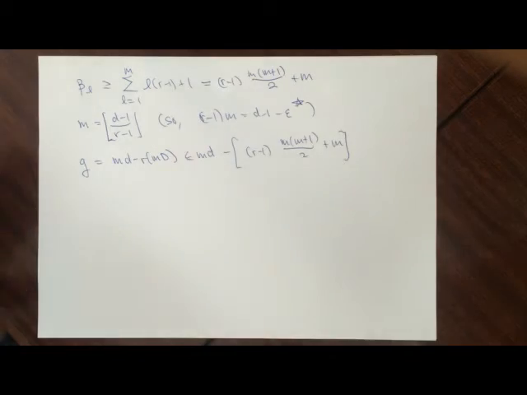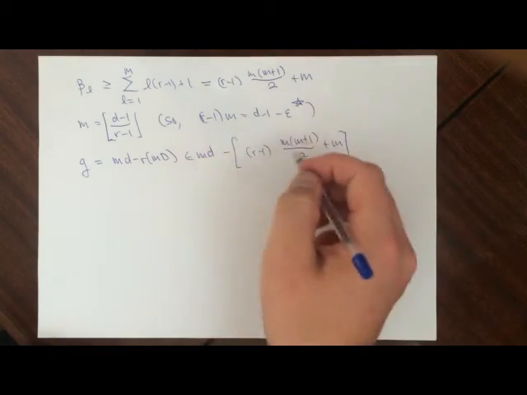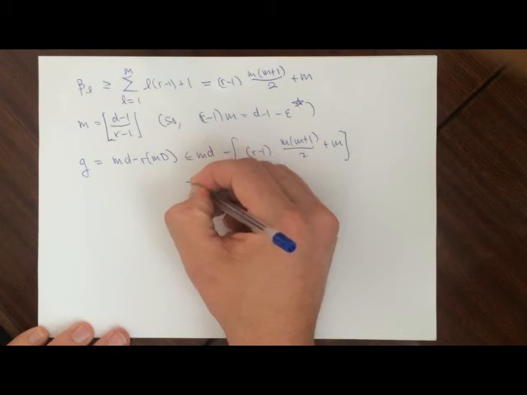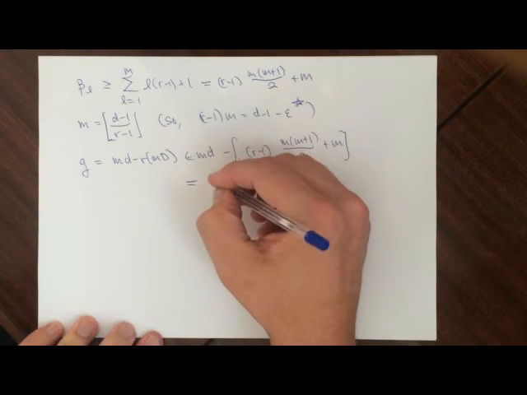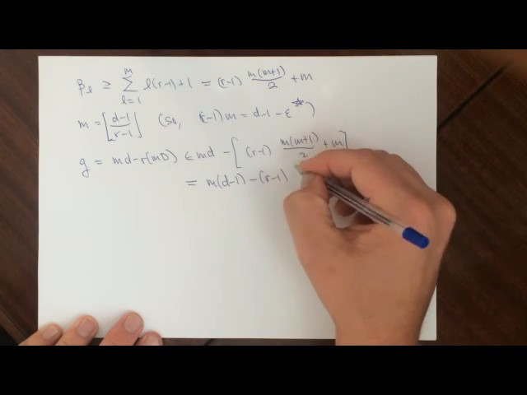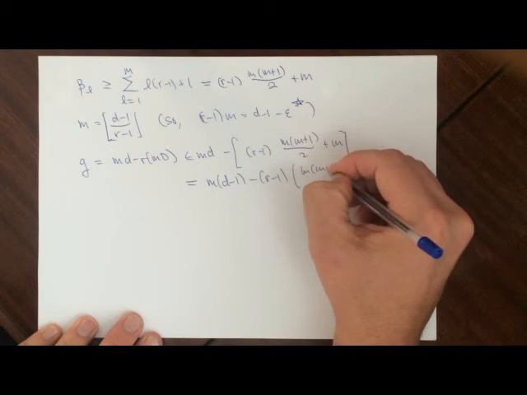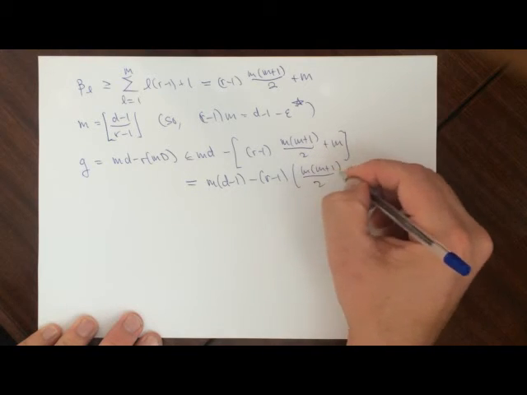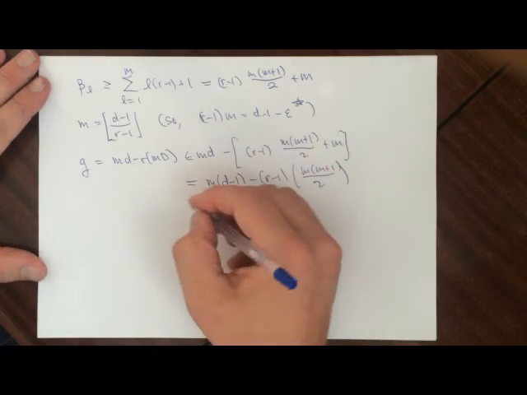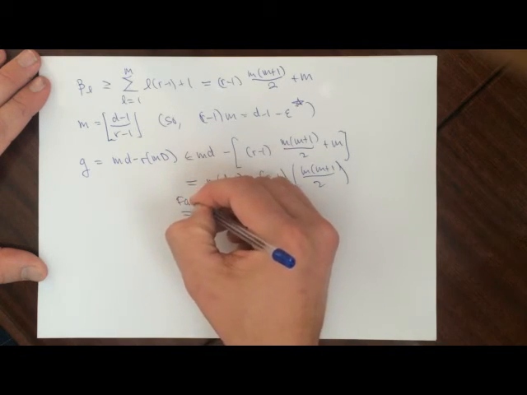This is ugly, but this is essentially the Castelnuovo bound already. And so this is equal to m times d minus 1 minus (r minus 1) times m times m plus 1 divided by 2. All I did is I combined these two here.